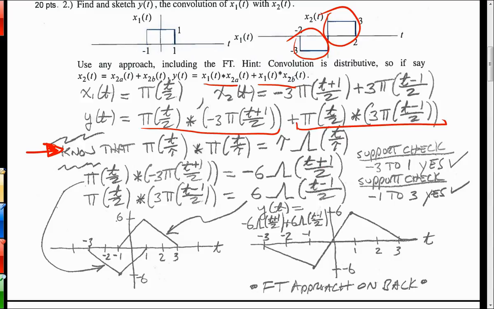You don't have to deal with that right now. You can pretend it's an unshifted pulse, and then the shifting just gets applied when you get done with the convolution. Now I don't know if that was a barrier for anybody, because I'm willing to answer questions or just talk about it.